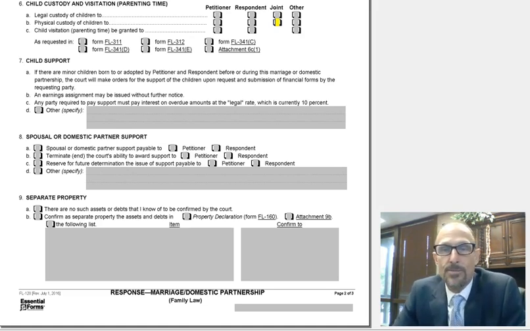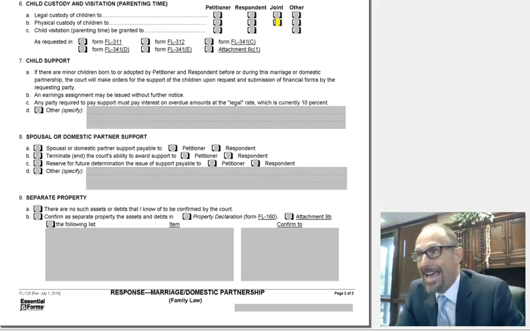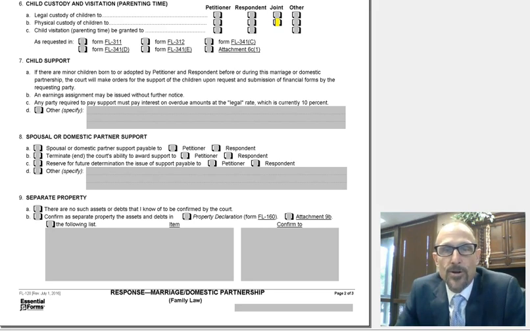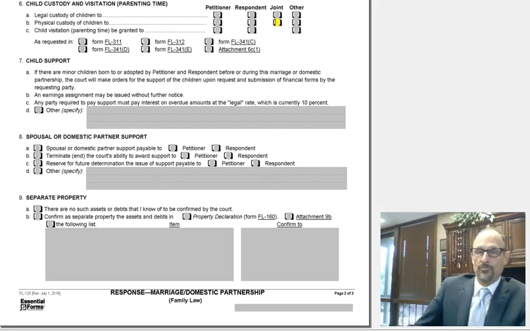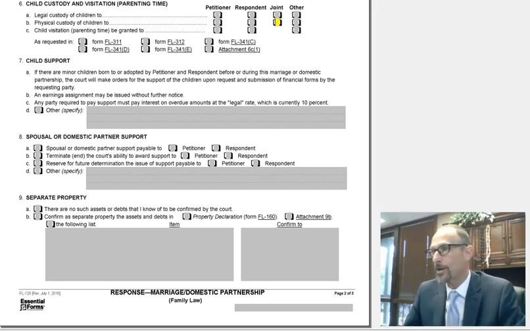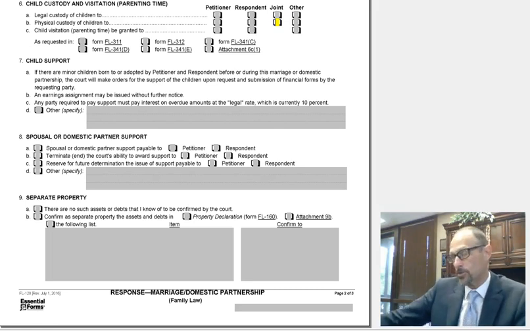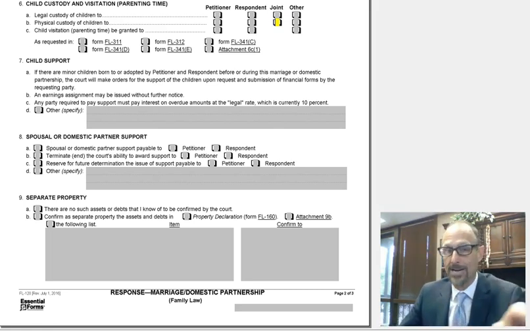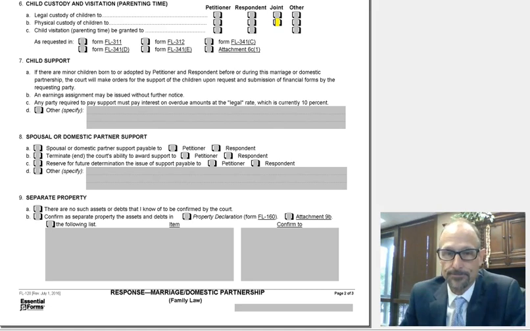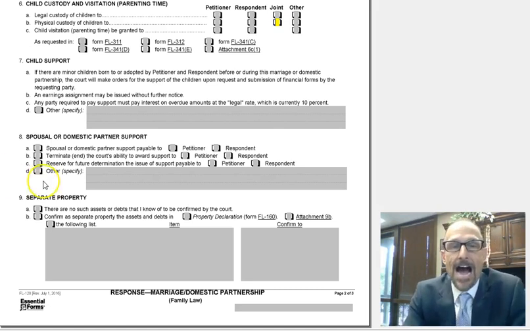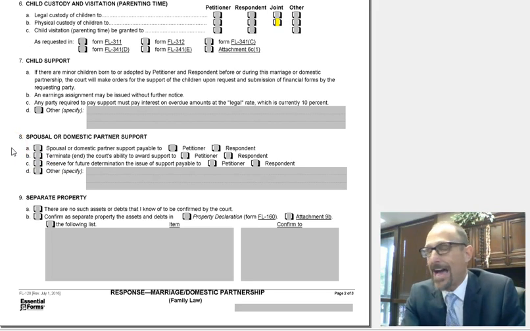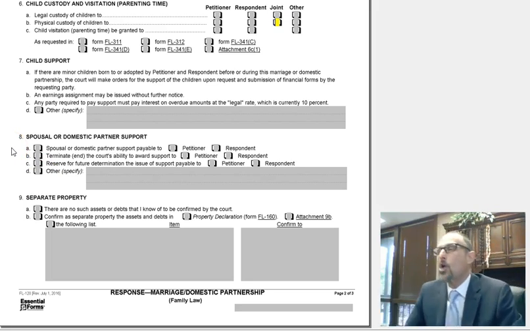Okay, spousal support or domestic partner support. The first box, 8a, says spousal support or domestic partner support payable to, and if you want spousal support to be ordered in this case at some time to be paid to you, then you're going to want to mark a and then respondent. All right? I recommend that you mark that, even if you are the higher wage earner, because nobody knows what's going to happen next month.